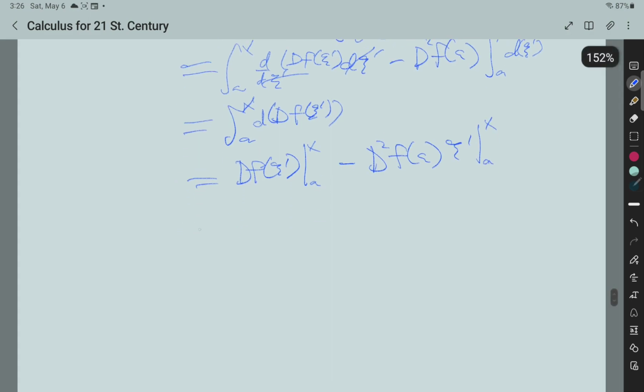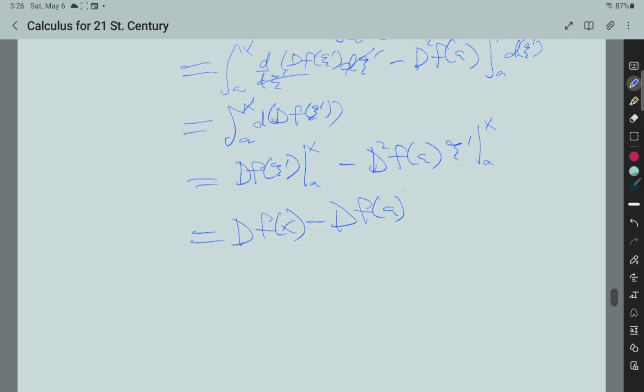So now plug in the limits. So you have d of f of x minus d of f of a, and then over here is going to be minus d squared of f of a times x minus a.